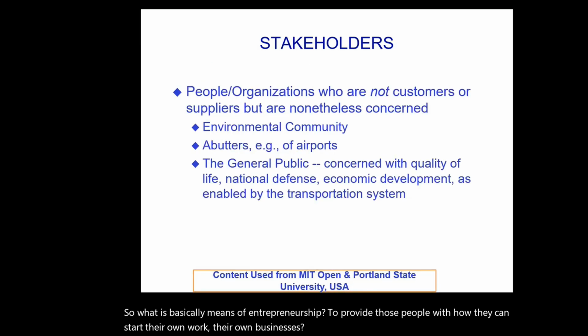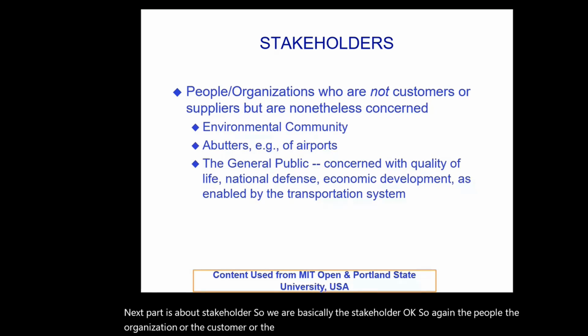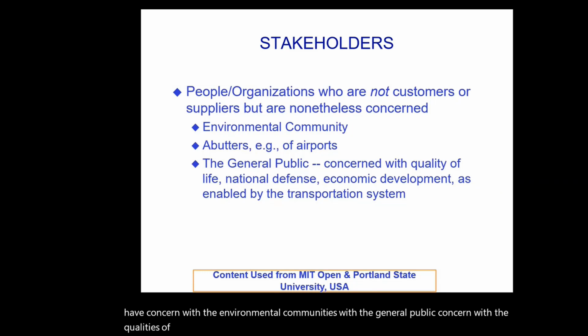Next part is about the stakeholder. So we are basically the stakeholder. Okay. So again, the people, the organization, or the customer or the supplier. For example, they have concerns with the environmental communities, with the general public concern, with the quality of life, national defense, and so on.